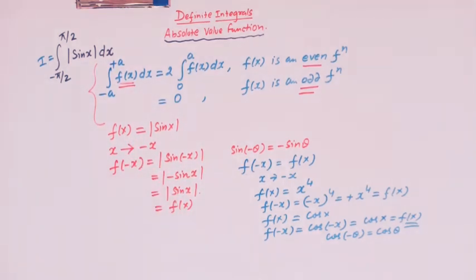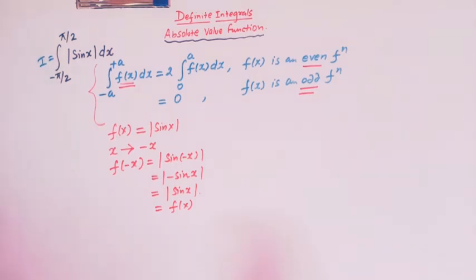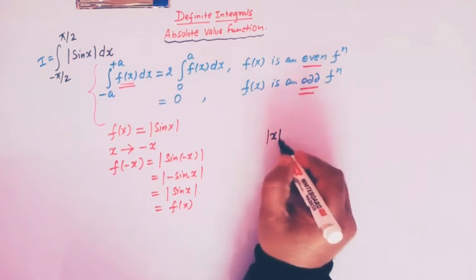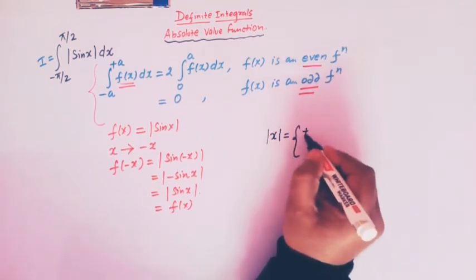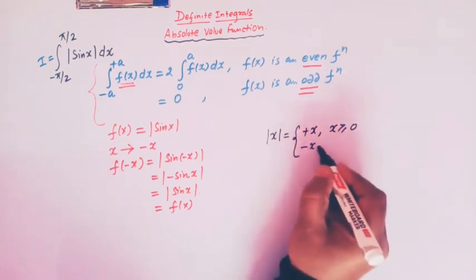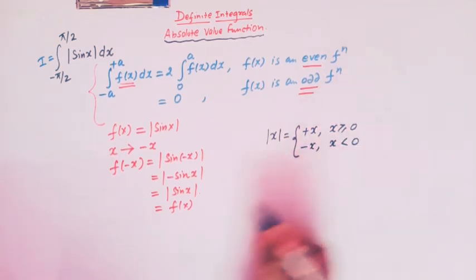Here we should also consider the definition of the absolute value function. The concept of absolute value says that mod of x is equal to plus x whenever x is greater than or equal to 0, and minus x whenever x is less than 0.